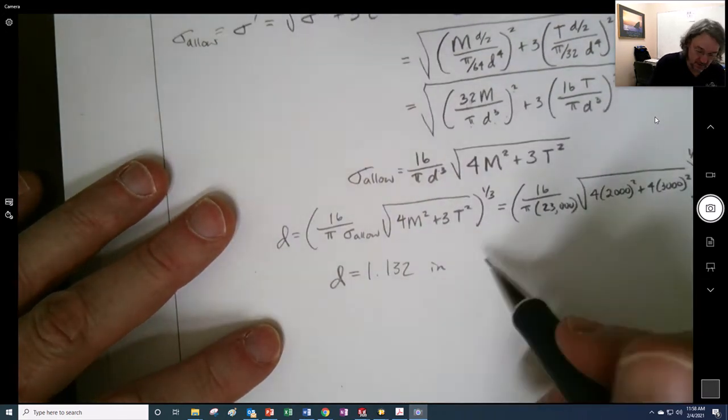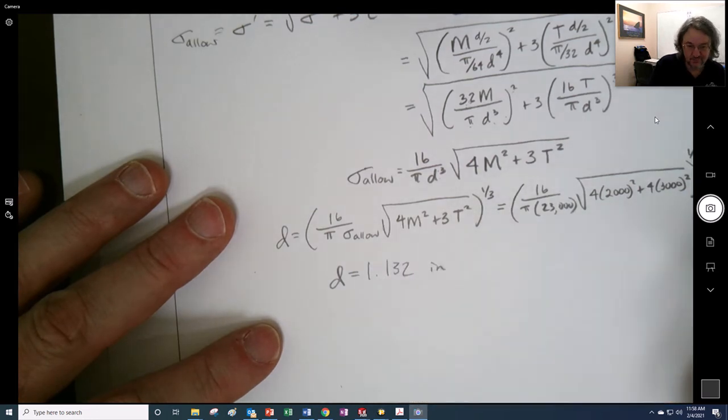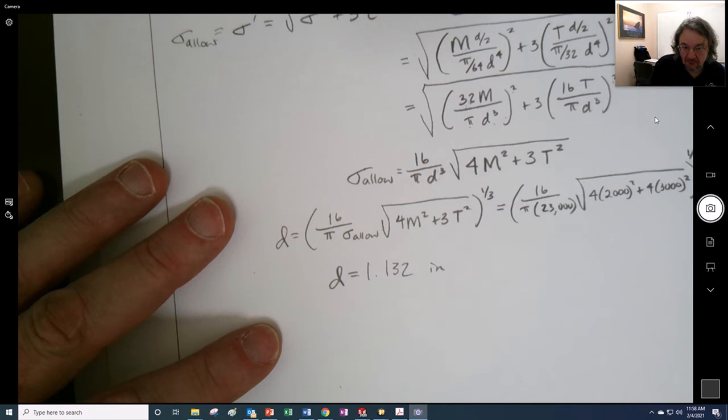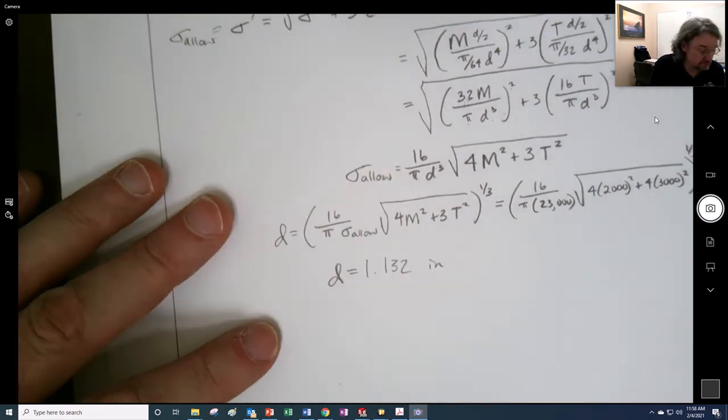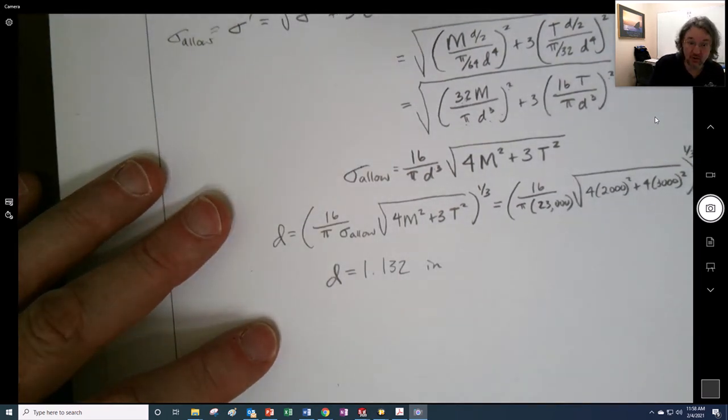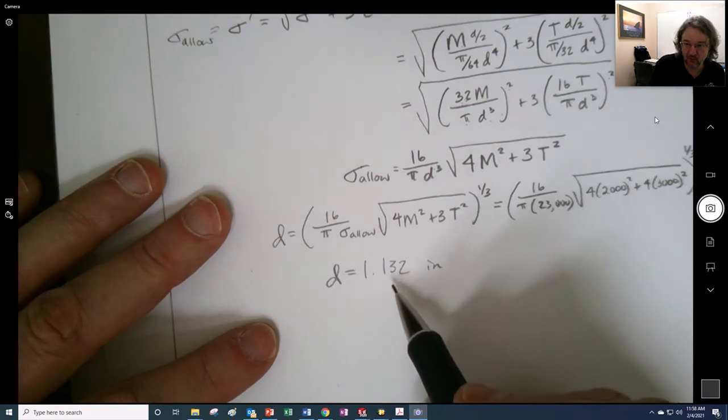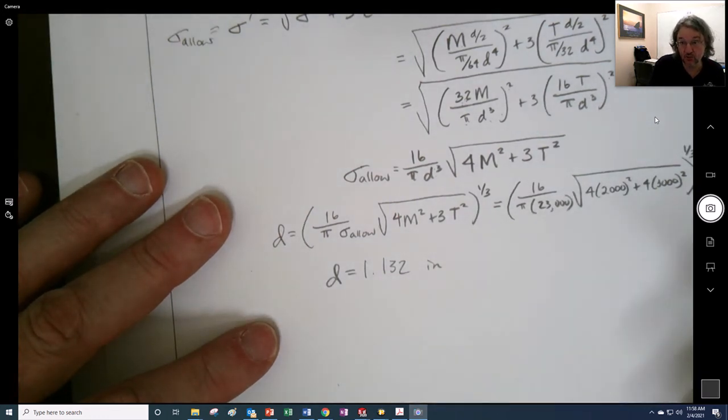Okay, so 1 1/8 is not enough. 1.125 is not enough, but 1 1/4 would be enough.